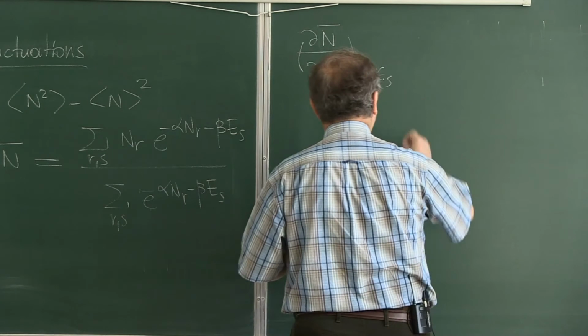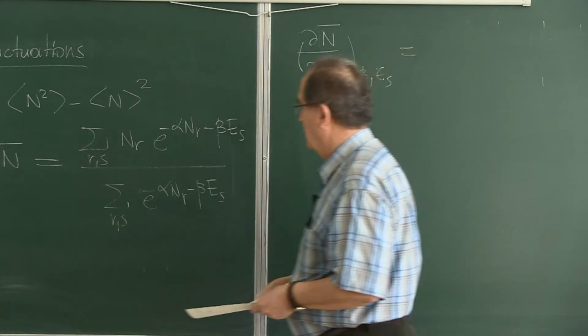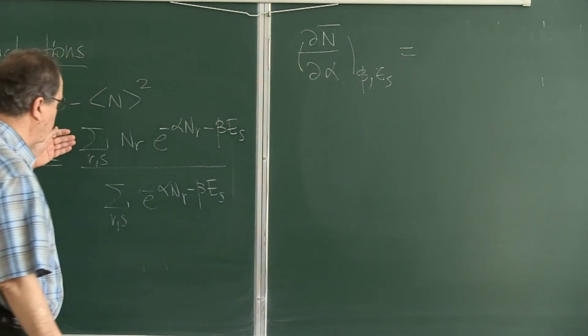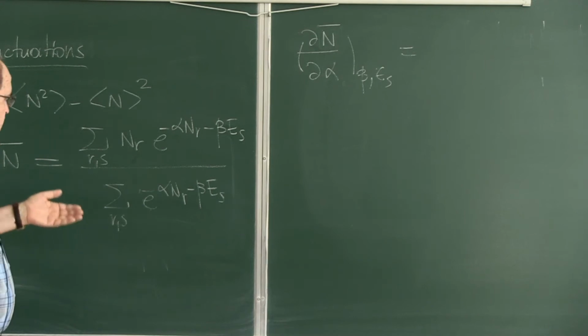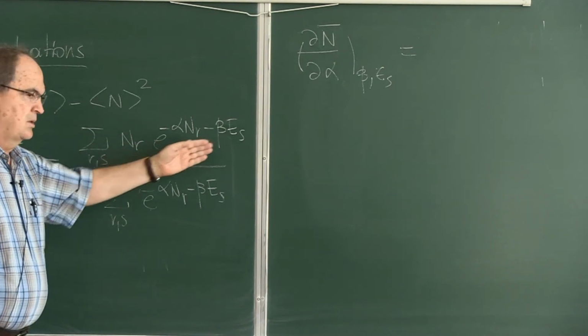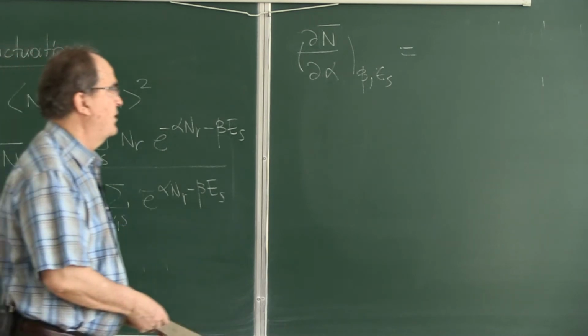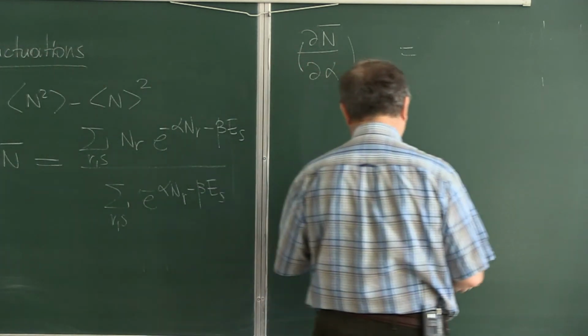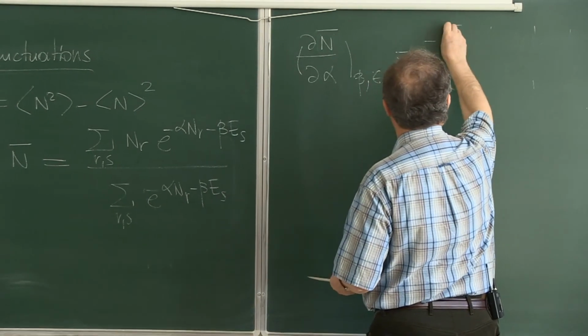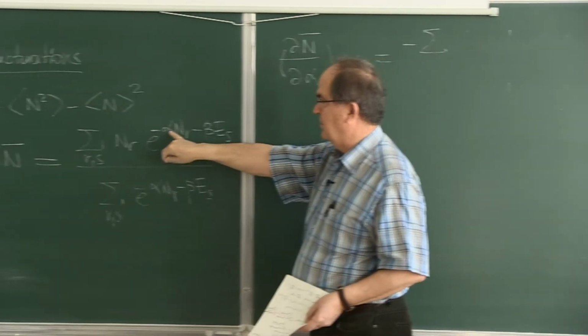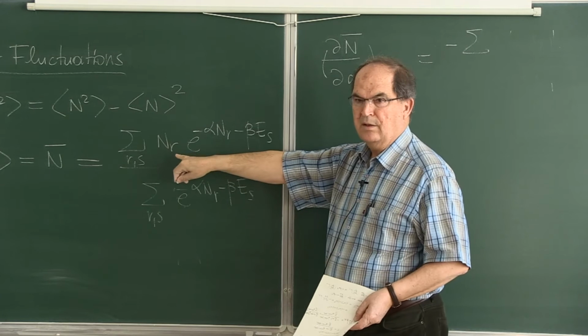So if you do that, well, you can consider this as a multiplication of two terms. The first one is this. The second one is 1 over the quantity. Very easy derivative to take. It is minus, well, the derivative with respect to alpha brings down an N_r.